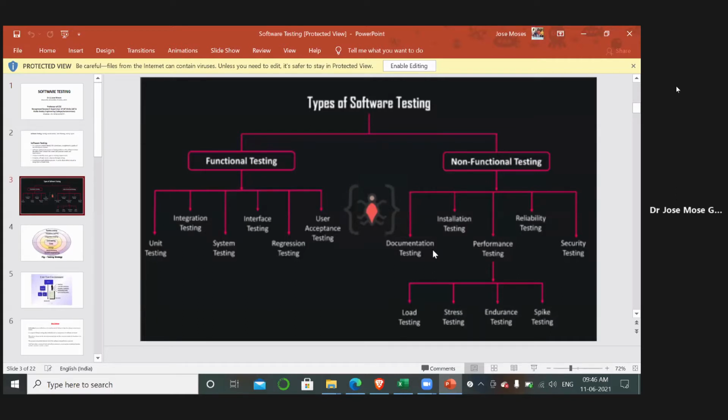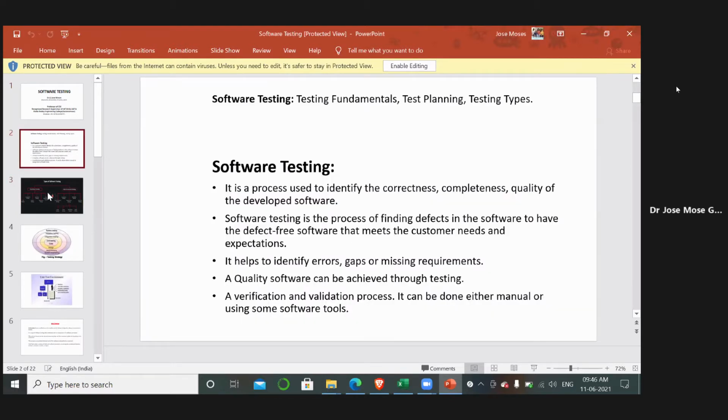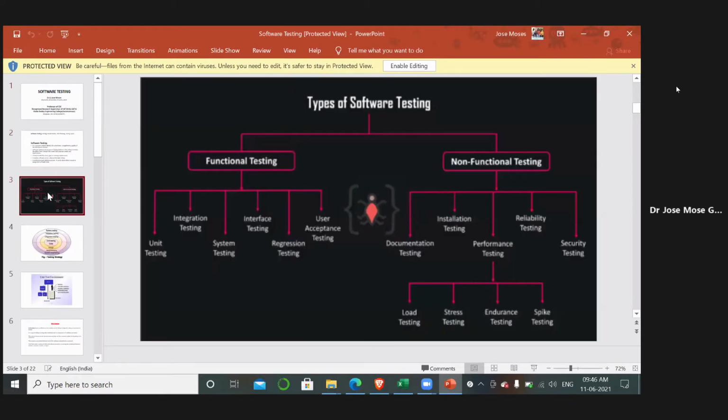That's not an issue. So all of you should remember these two slides, because whatever question they ask with reference to testing, you should write about these two in common, whatever the question might be. Then you should go into the description of what they are asking.